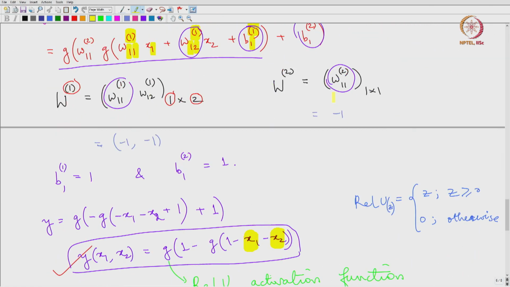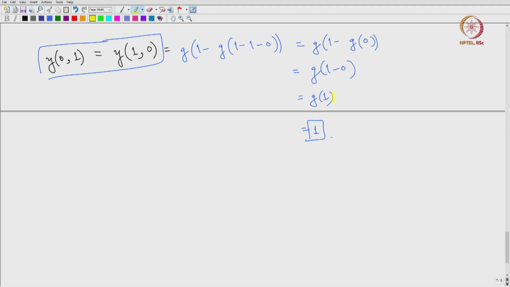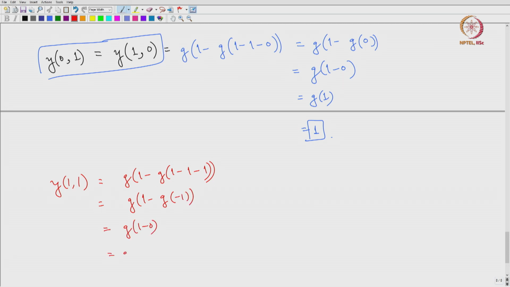Now, let us see what happens when you have other inputs, okay. If you have y(1,1), that will be g of 1 minus g of 1 minus 1 minus 1. So that becomes g of 1 minus g of minus 1, that is g of 1 minus 0, which is g of 1, and that is also 1.